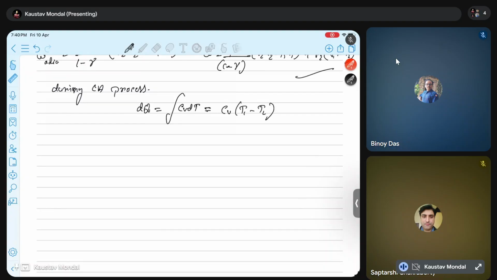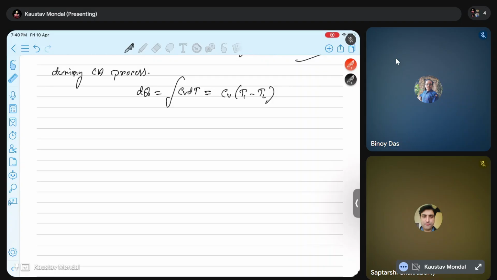Now also you can write Cv in terms of gamma. We know Cp minus Cv is equal to R and Cp by Cv is equal to gamma. So Cp equals gamma into Cv.